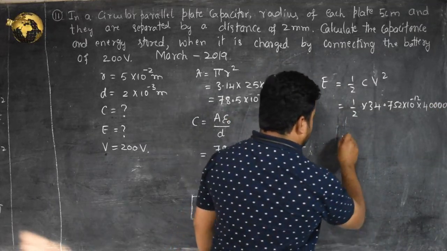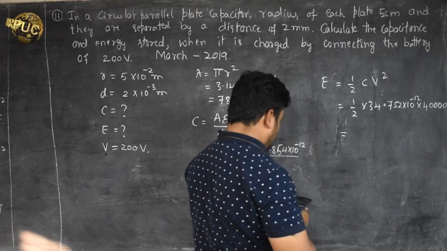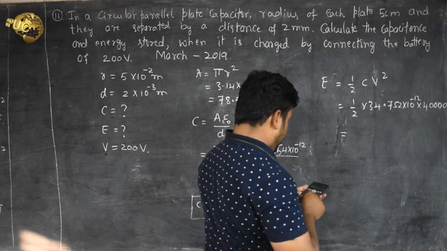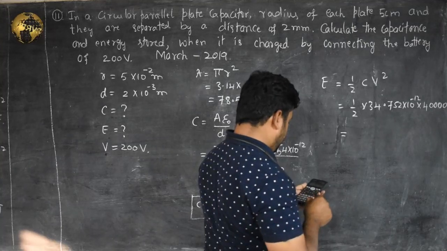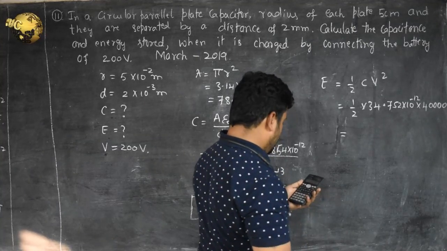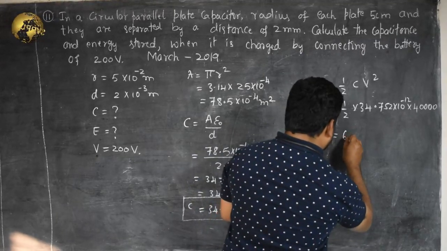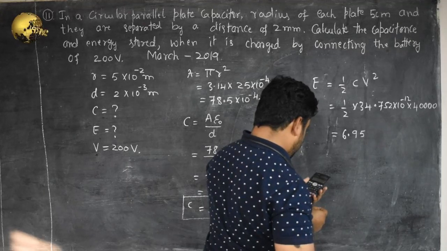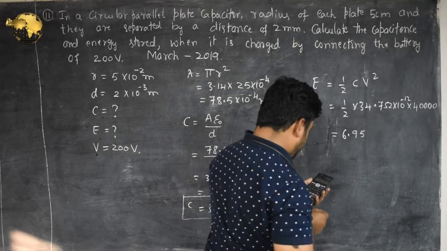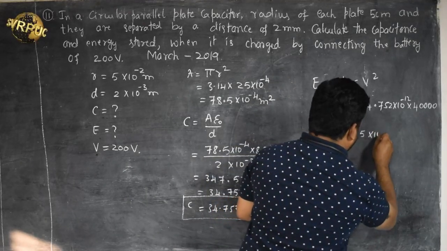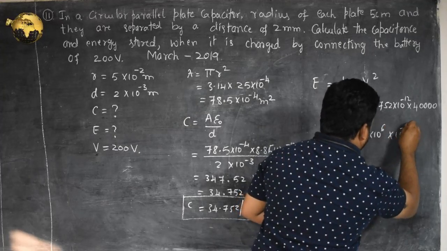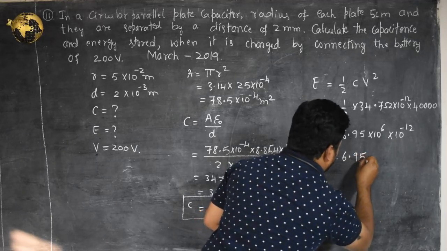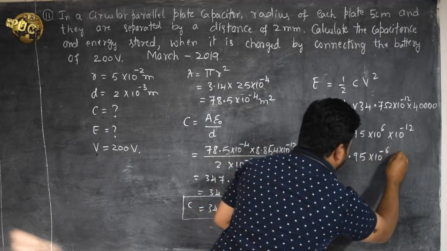On solving this, we get finally 6.95 into 10 to the power minus 6 joules.